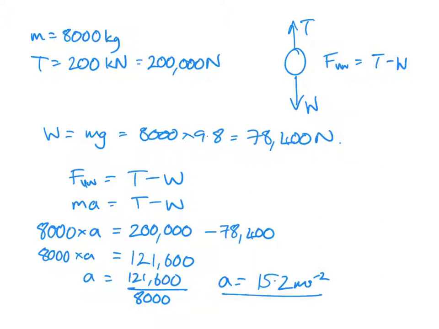One other thing worth mentioning about rockets is as they take off and burn up their fuel, their mass decreases, and that has the effect of decreasing their weight, and so the unbalanced force increases, and also that unbalanced force you're dividing by a smaller mass to get the acceleration. So you have two things there which cause the acceleration to increase.